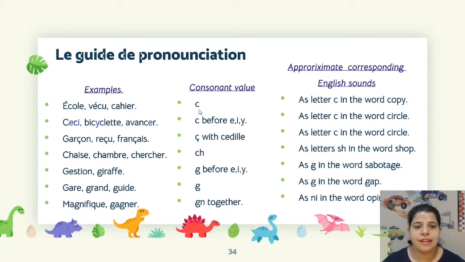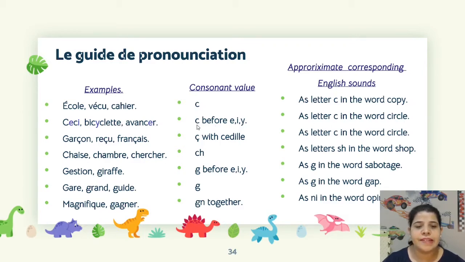So this is the letter C. Explanation. When the letter C is followed by the letter E, which is letter E in English, I, which is letter I in English, or Y, which is letter Y in English, if C is followed by any of these three letters, then the sound for C becomes S, as in the word circle.